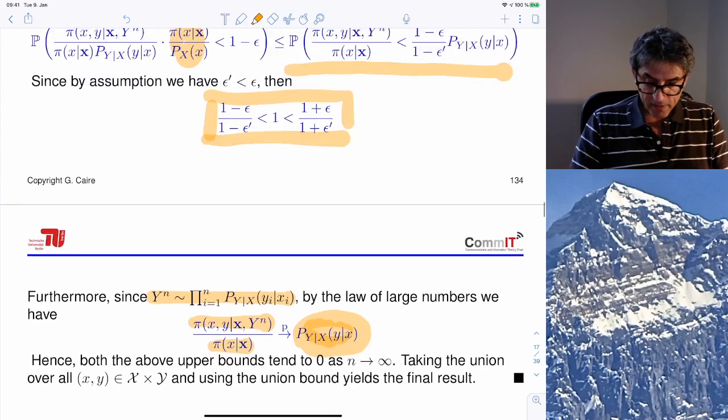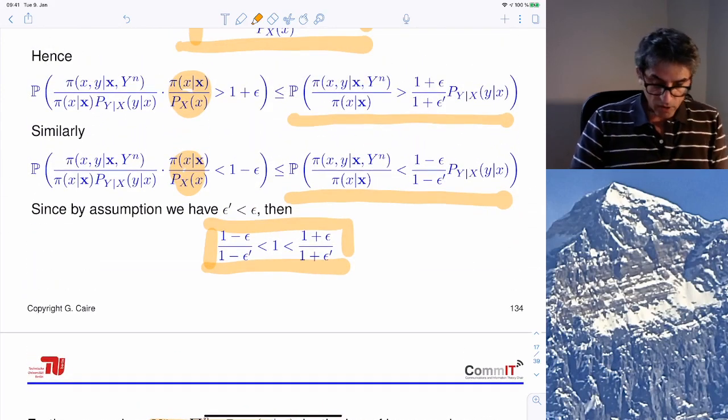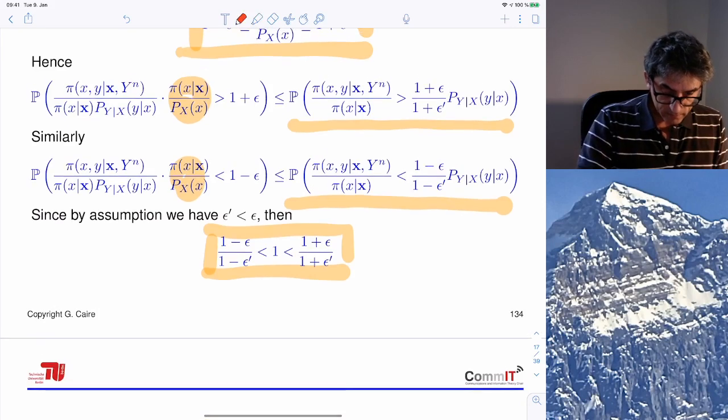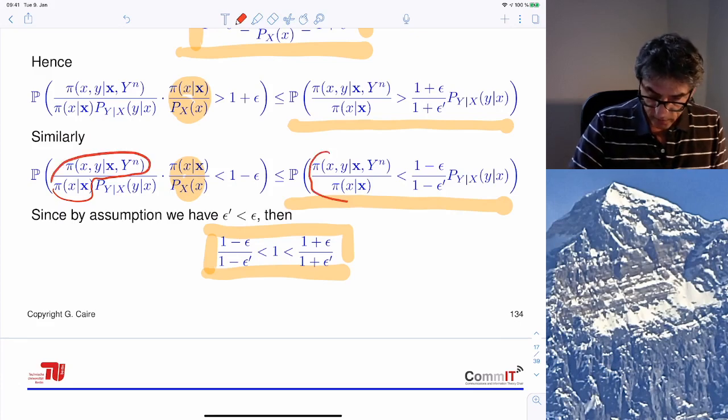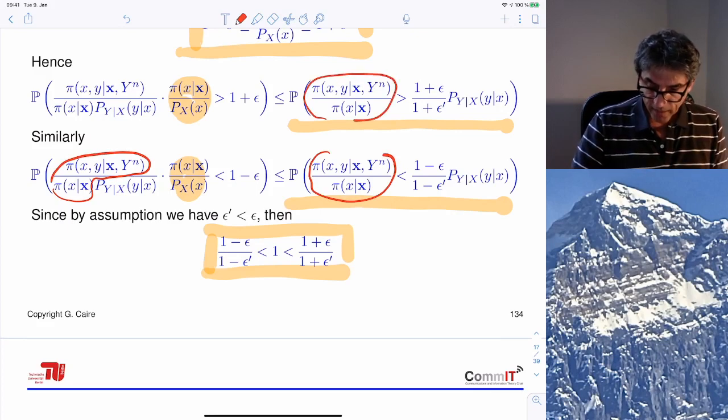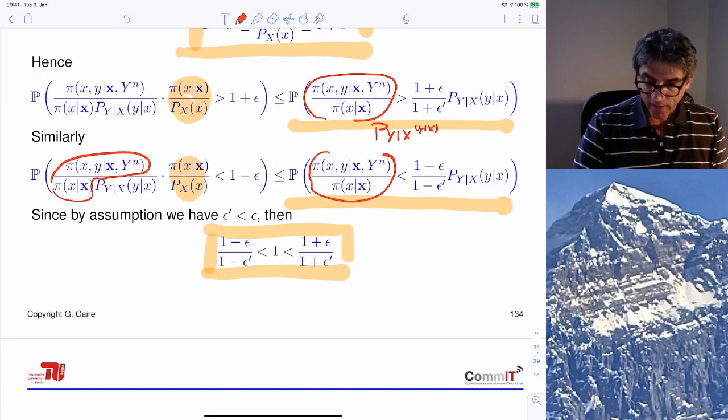So now you see these terms, actually I should write it here. This term and this term, which is the same, converges to something that is P of y given x. So we have P of something that converges to P of y given x greater than a quantity larger than 1 multiplied by the same quantity, P of y given x.